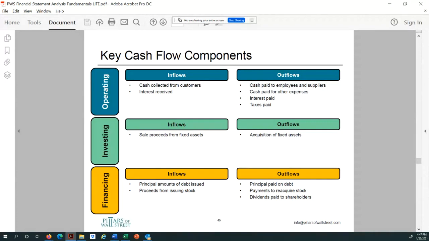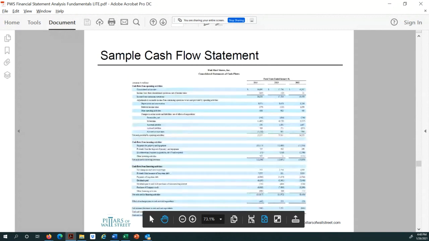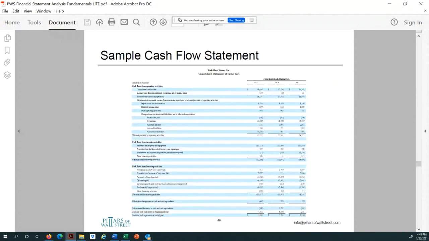Okay, questions here on this slide? Okay, so here's a sample cash flow statement, right?